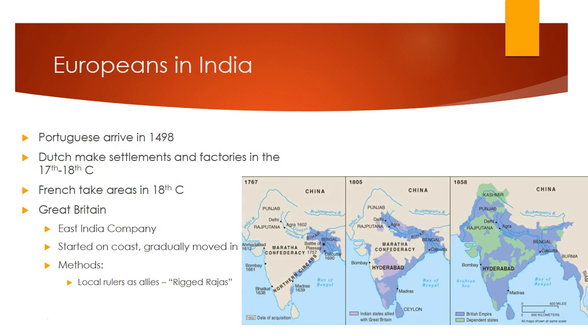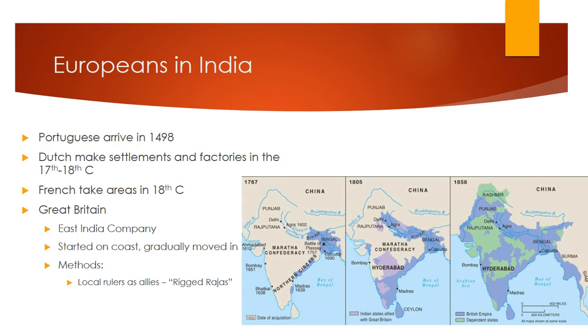This was part of the Seven Years' War, so there are their winnings. They hold this area, and they also hold this area in Bengal. So they start along the coast and move inward as the Mughals decline more and more.